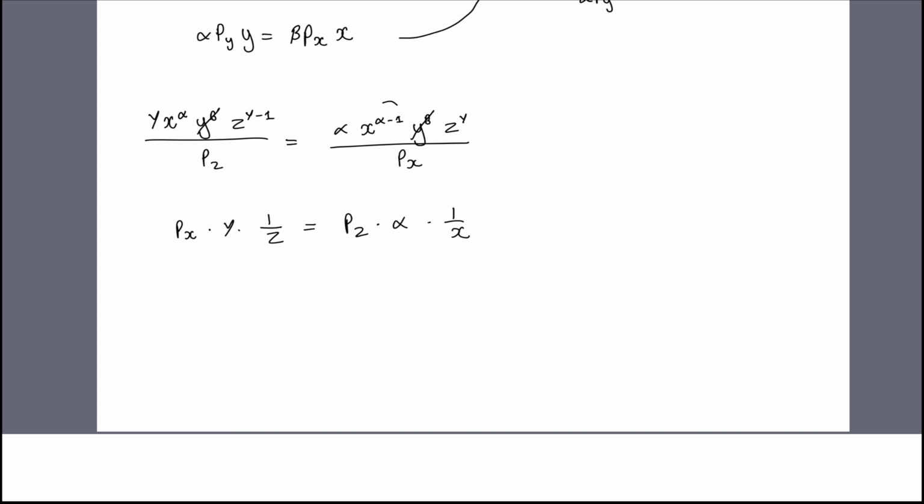So again, this is me doing x to the power of alpha minus 1 divided by x to the power of alpha, and over here to get 1 over z, I did z to the power of gamma minus 1 divided by z to the power of gamma.